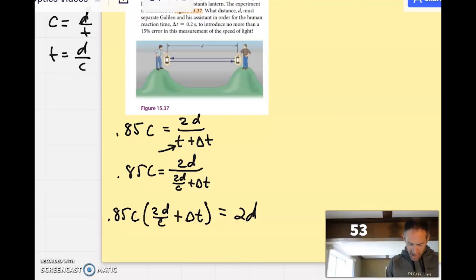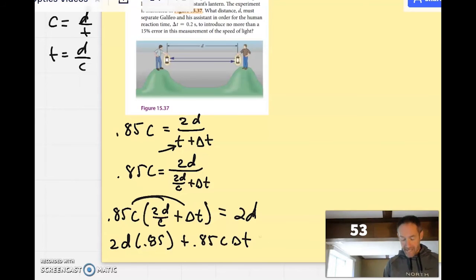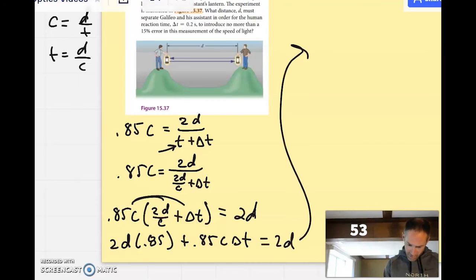Okay, so now how about we distribute here, and we're going to get 2 times d times 0.85. The c's cancel out there, but not on the second part, plus 0.85c times delta t, and that's still equal to 2d.